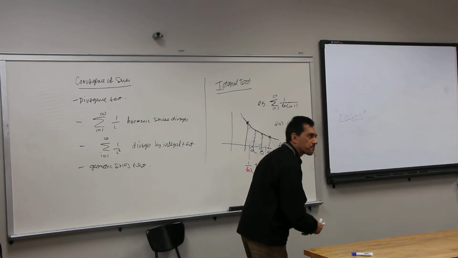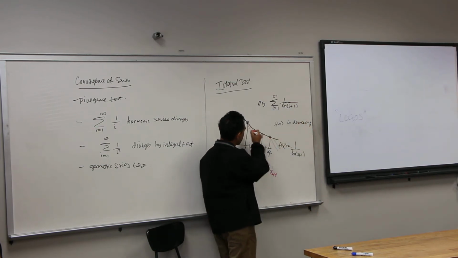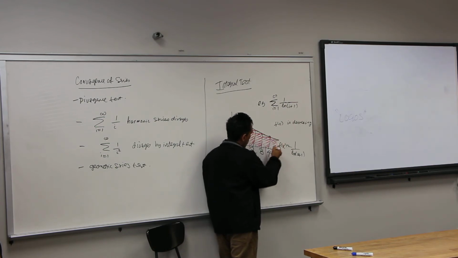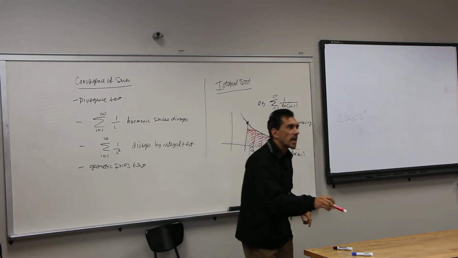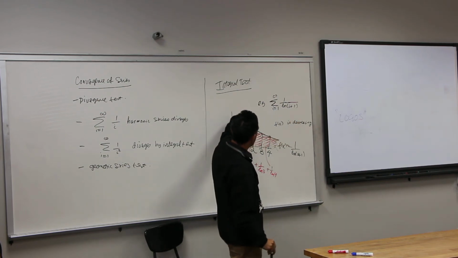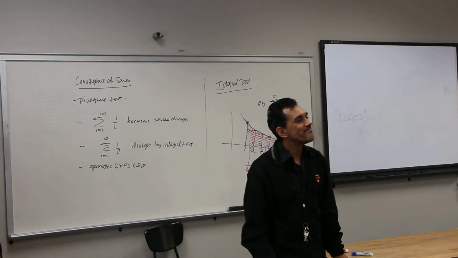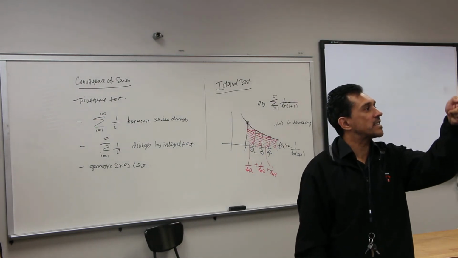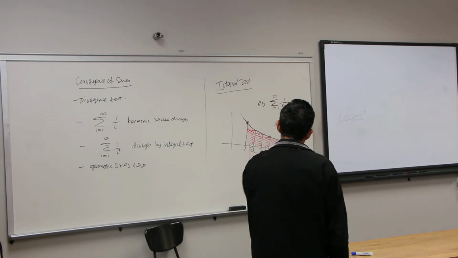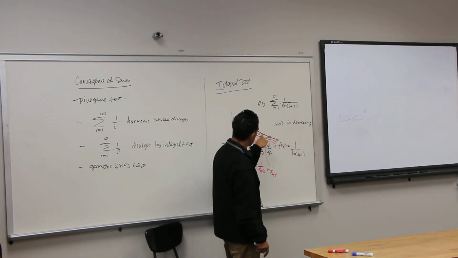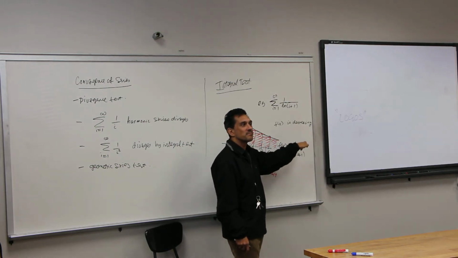Let's try that again. I'm going to try to show that the area under this curve is what in this case? Finite. Because if the area under this curve is finite, I may conclude what about the area of these rectangles?